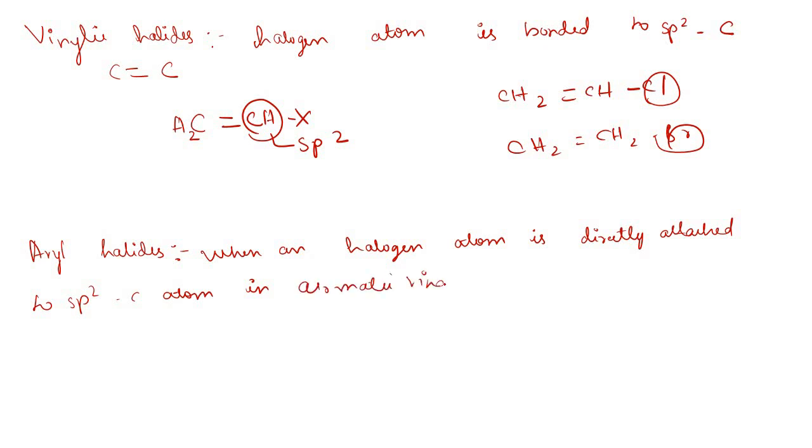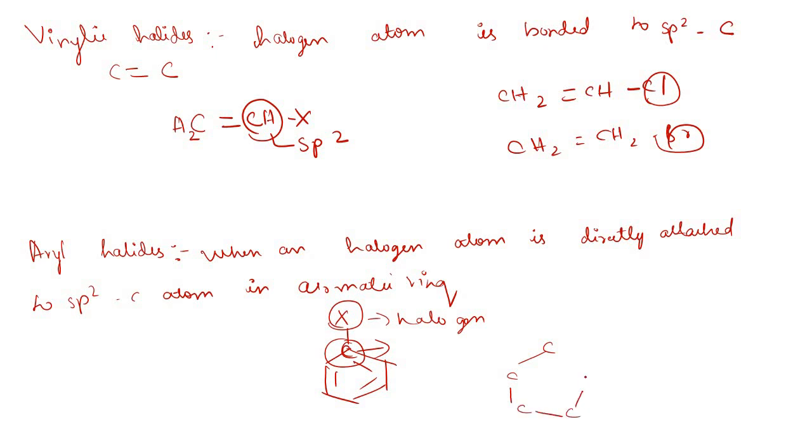It's basically an aromatic ring like this. So this part is called the halogen. This carbon is basically, and you know how the structure of benzene looks, it basically looks like this.